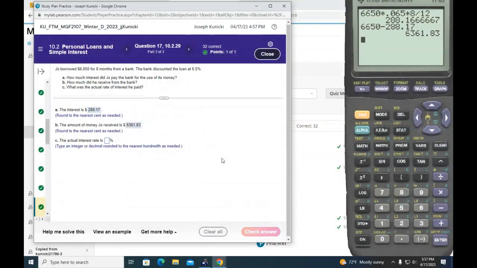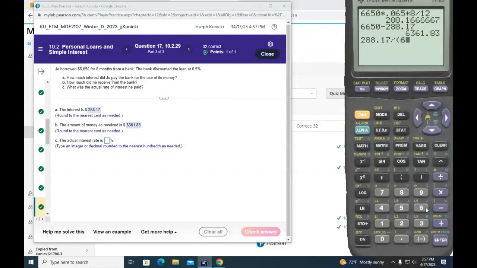Now the question is, what's the actual rate of interest? So we know what the interest is. It's 288.17, right? And we're going to divide that by P times T. But which P do we put in? We don't put in the 6650 because you didn't take that home.